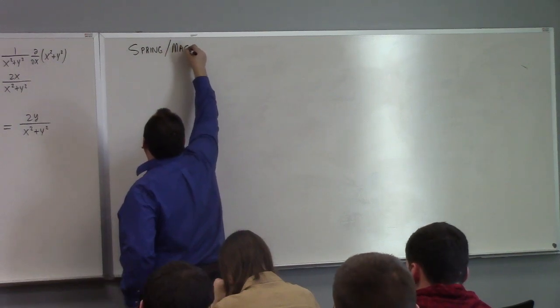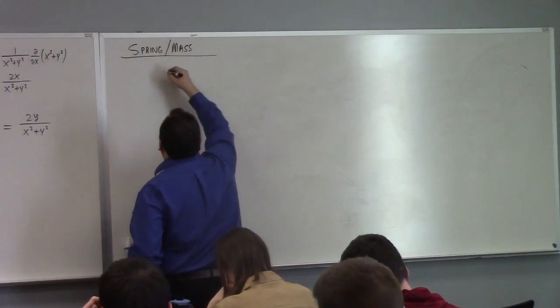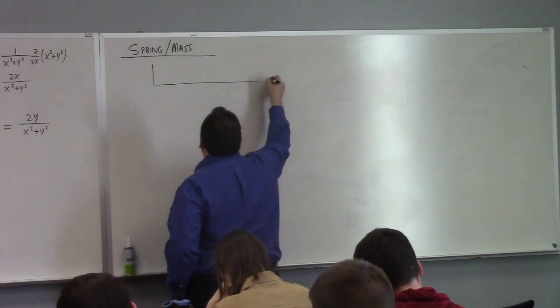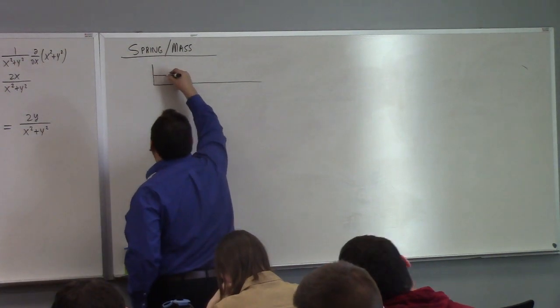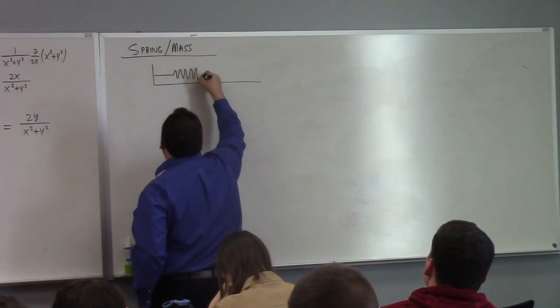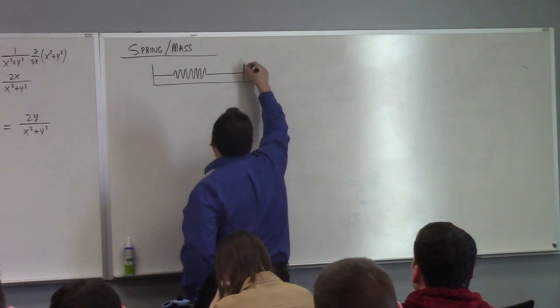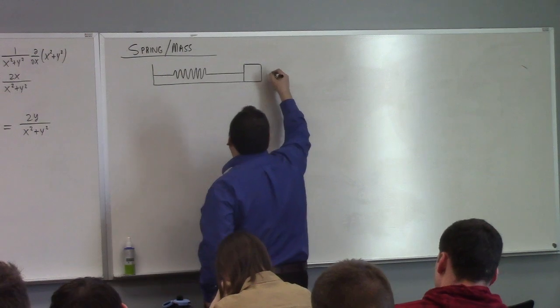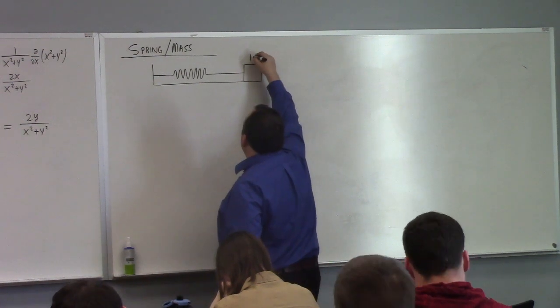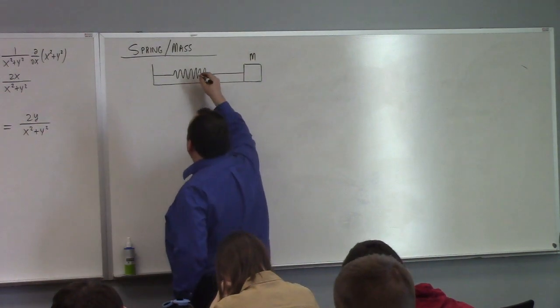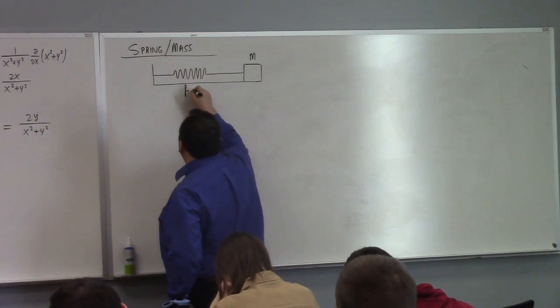Spring mass system. The basic story here is we've got a spring, and I draw it like this. My spring and my resistor look a lot alike. Then you've got a mass over here. So I've got my mass, I've got my spring, and the spring has spring constant k.